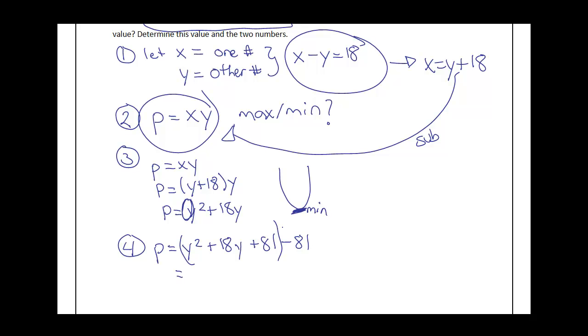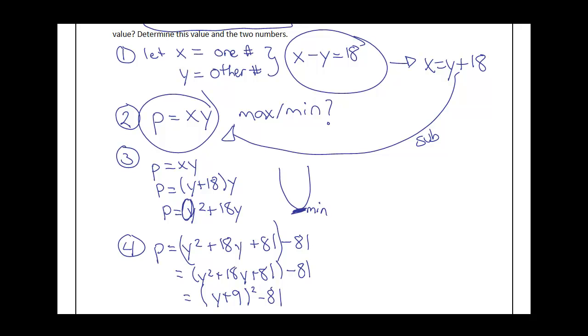Then we can separate the two and we'll get y squared plus 18y plus 81 minus 81. Now this is a perfect square binomial of (y plus 9) all squared minus 81. And hence we have our equation in standard form.